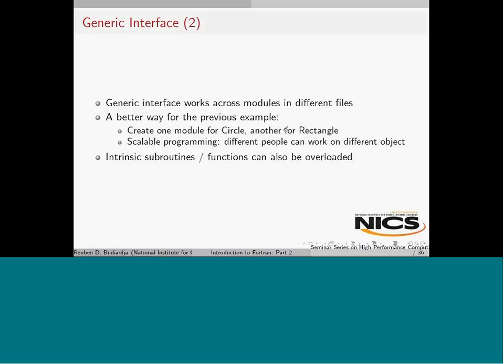And it's scalable programming, because if you have different types of objects, you can have 10 people work on different parts and different modules. All they have to agree on is the name of the generic. And here you can have scalable programming and extend it as you need.